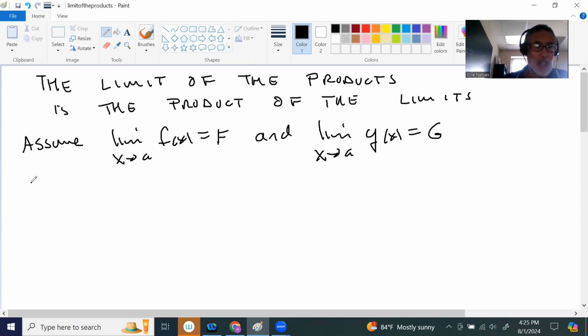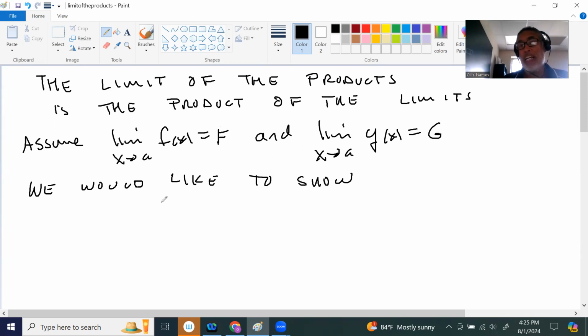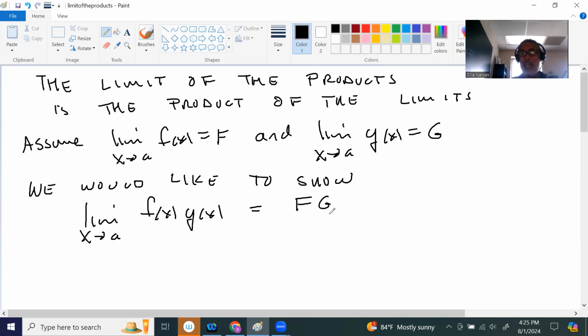And we would like to show, and this is probably a guess of what the idea should be, that if I took a limit as x approached a of the product, that's going to be the product of the limits like this.